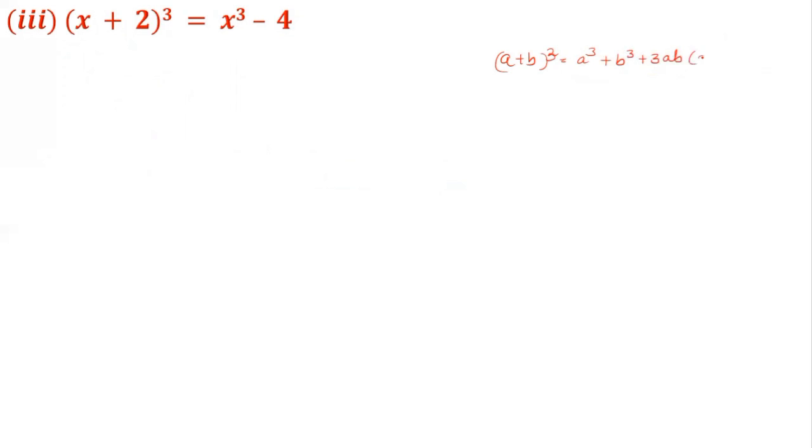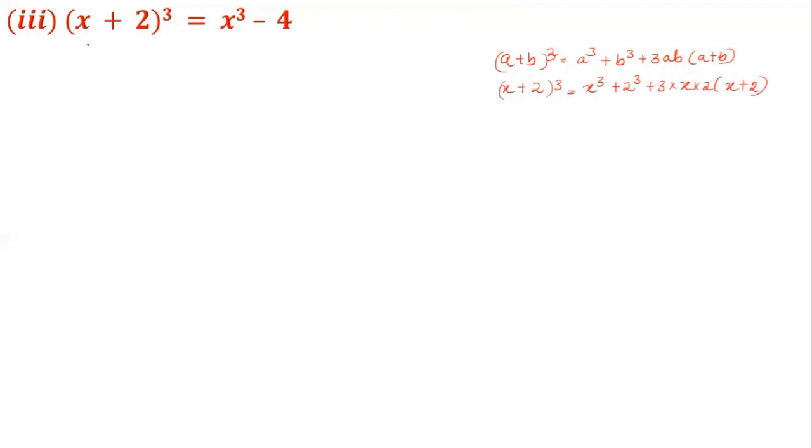We have the formula a plus b whole cube is equal to a cube plus b cube plus 3ab into a plus b. So, x plus 2 whole cube is equal to x cube plus 2 cube plus 3 into x into 2 into x plus 2.